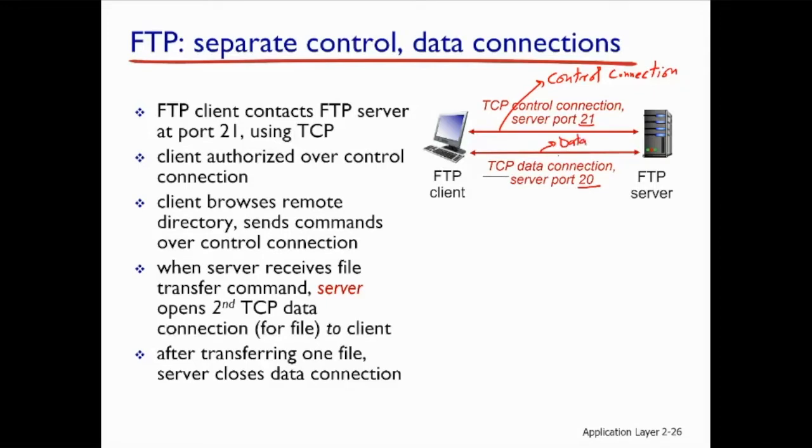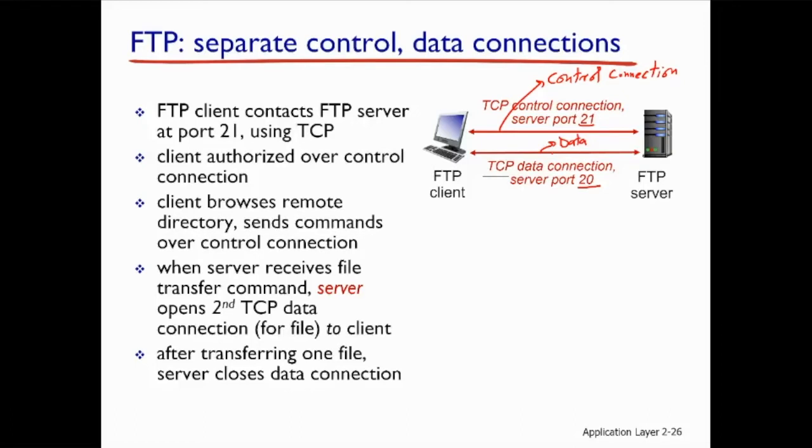If I'm using an FTP application, I need to establish two TCP connections: one for the control information on port 21, another for the data transfer on port 20, right?